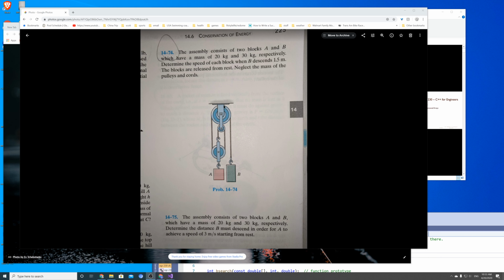Oh, and there's one more piece: there's a relationship between how much they move. This one has three cables connected to it, all the same length of cable or rope. So if this one goes down 1.5, the other is only going to go up one third of that. We have to include that idea when we define this problem.